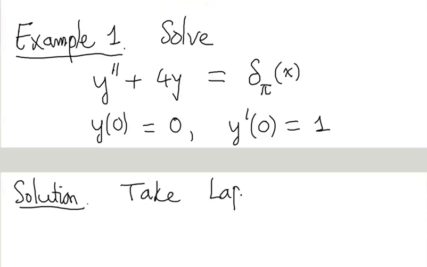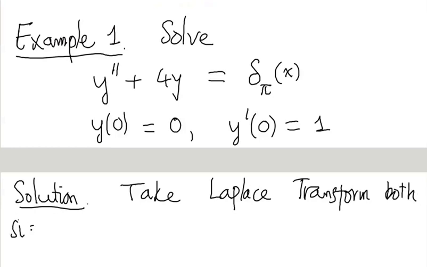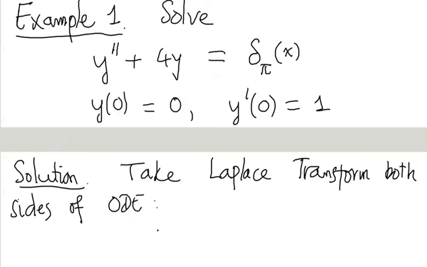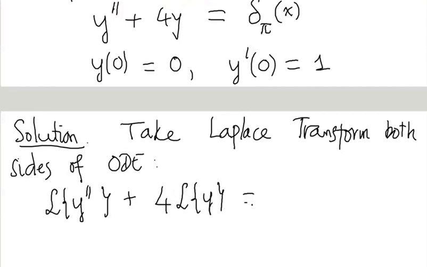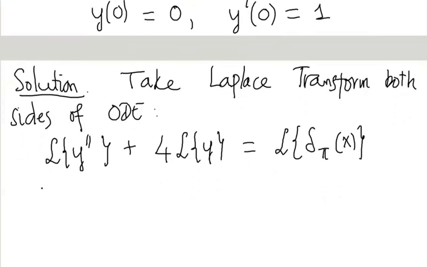So take the Laplace transform of both sides of the ODE, as we have been doing. Then we have the Laplace transform of y double prime plus 4 times the Laplace transform of y equals the Laplace transform of delta pi of x. Now let's use a formula.